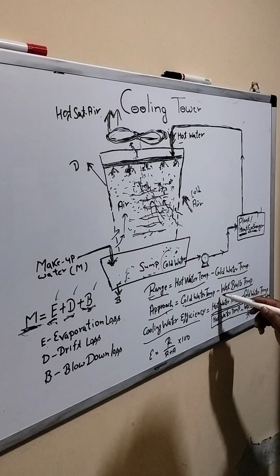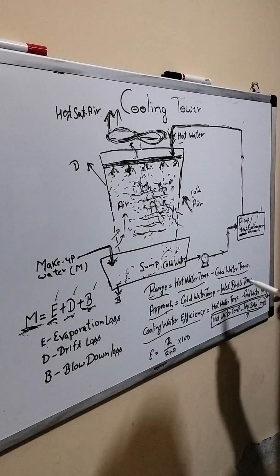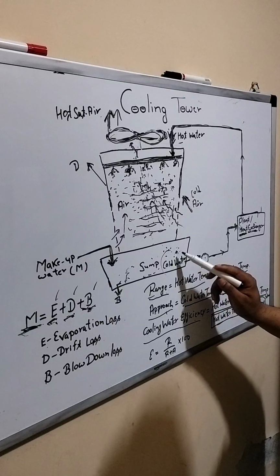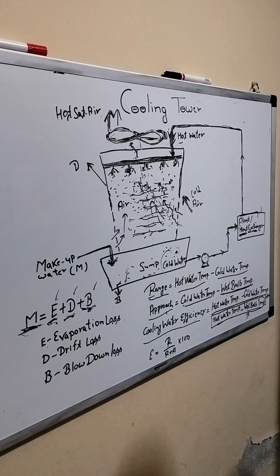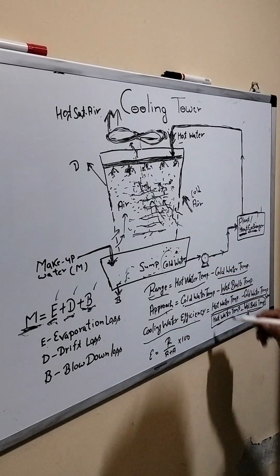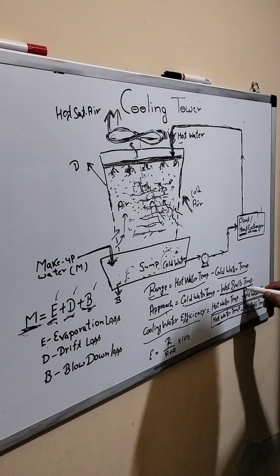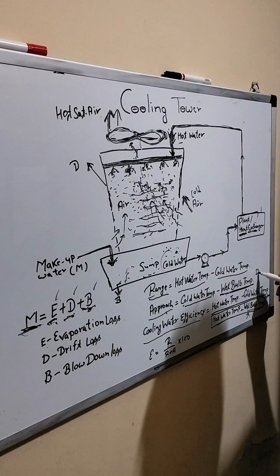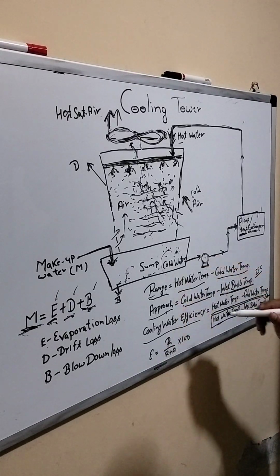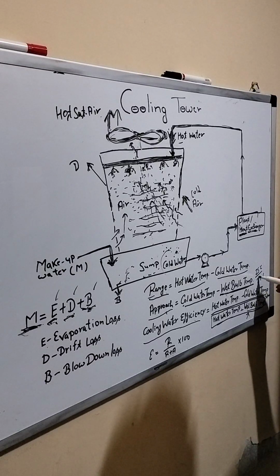So always remember, you can never get a cold water temperature less than the wet bulb temperature. Always remember this point. Suppose your wet bulb temperature is 25 degrees Celsius. You can never achieve a cold water temperature of 24 degrees Celsius.